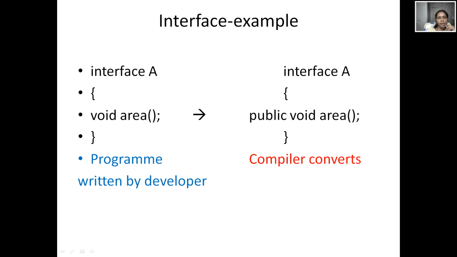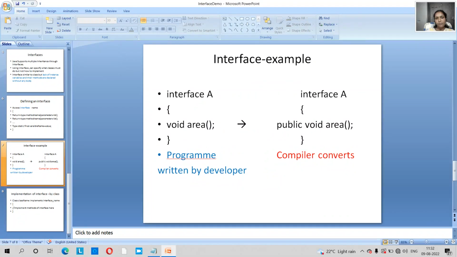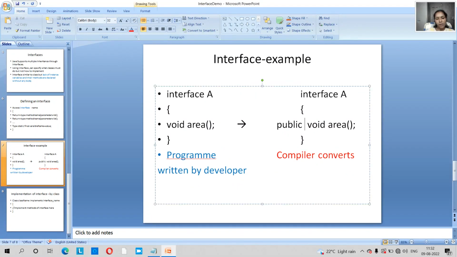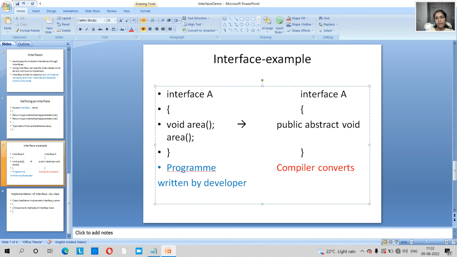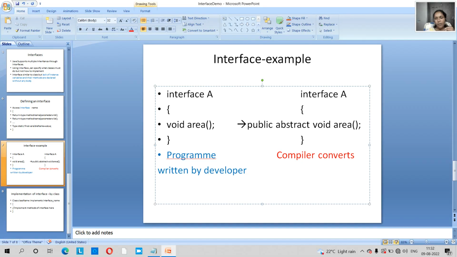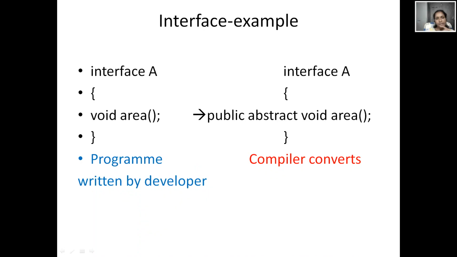For the interface, the access specifier is default, and for the methods, it will by default add the keywords public and abstract. Even if you do not specify public, by default it is considered public, abstract, void area.